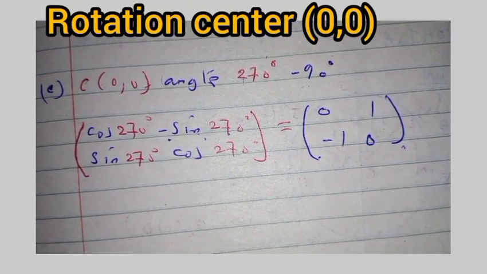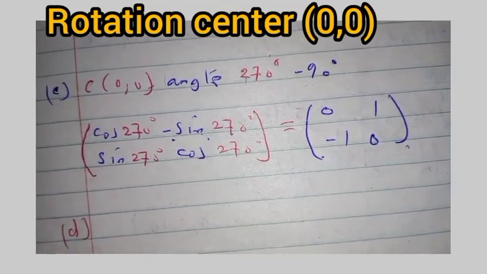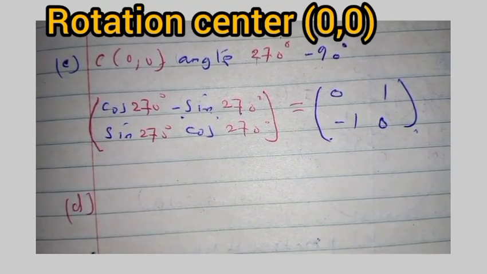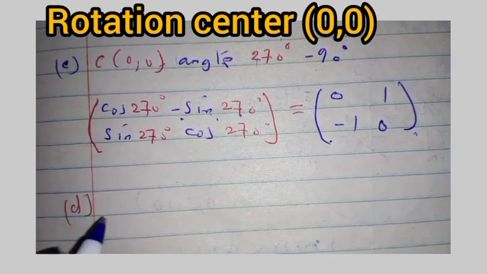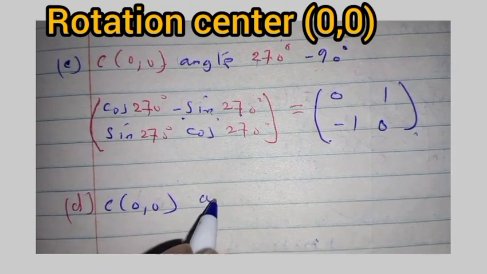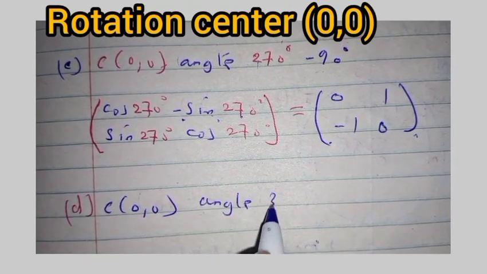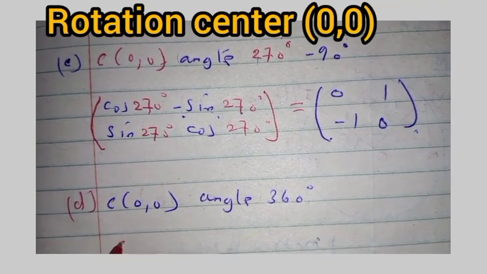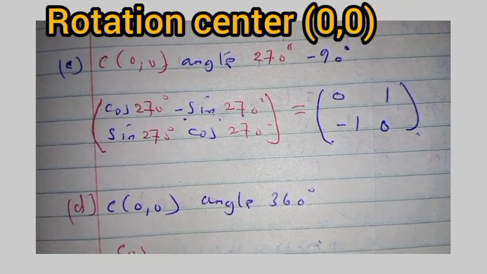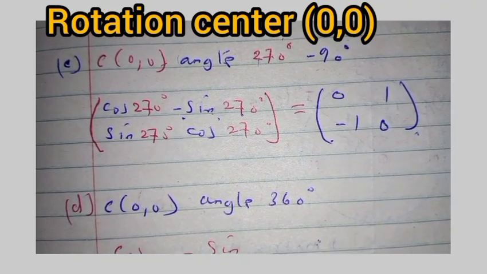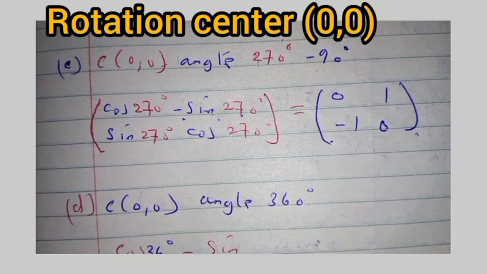Finally, part D. Now we consider the general case. Center is 0 0, angle is 360 degrees. So the general case is you have cos, sine, negative sine, cos. Here we are considering 360 degrees.